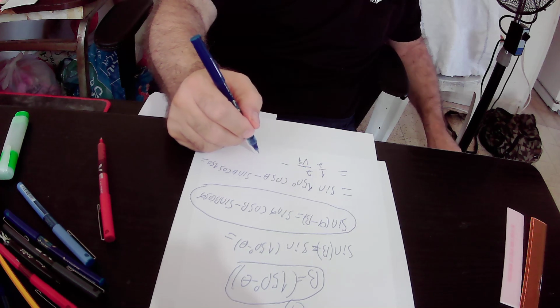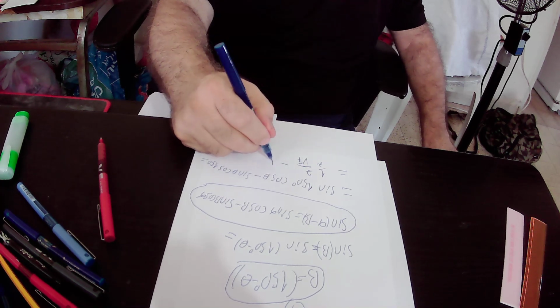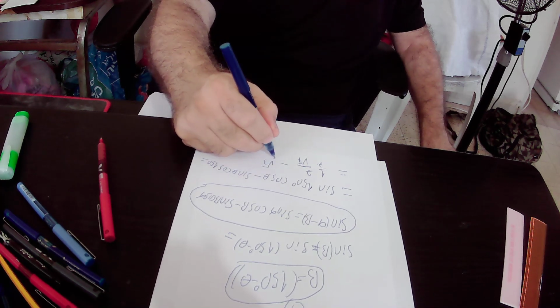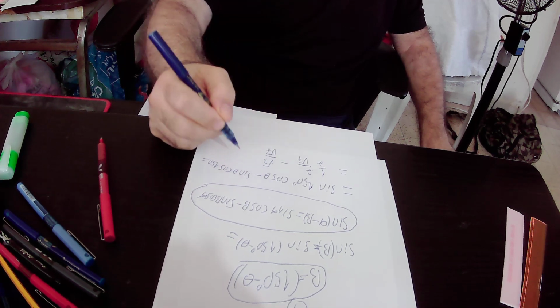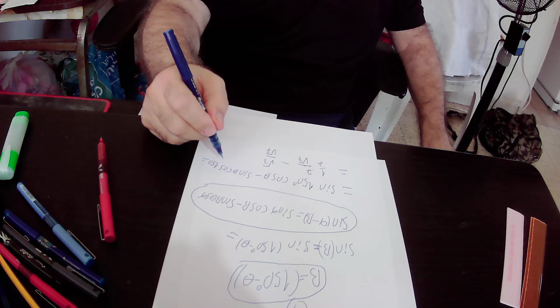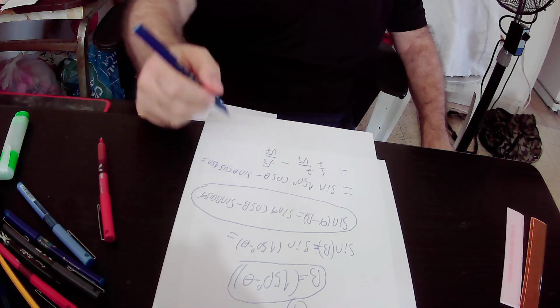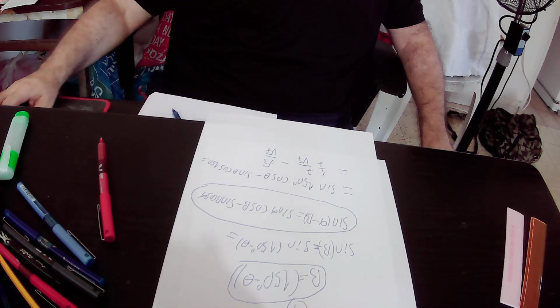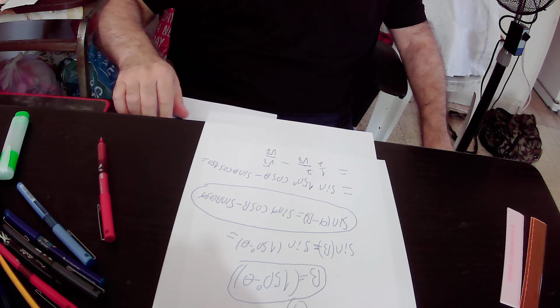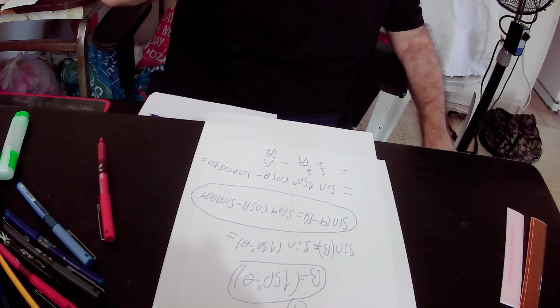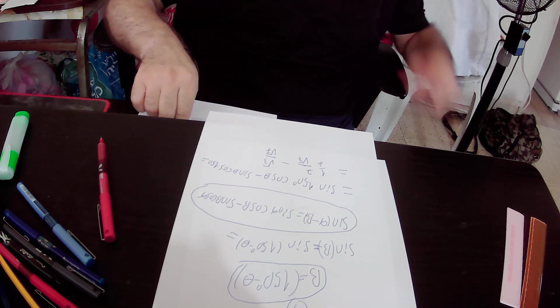We know that sine theta equals the root of 3 over root of 7, times cosine of 150 degrees. Cosine of 150 degrees equals minus the root of 3 over 2.